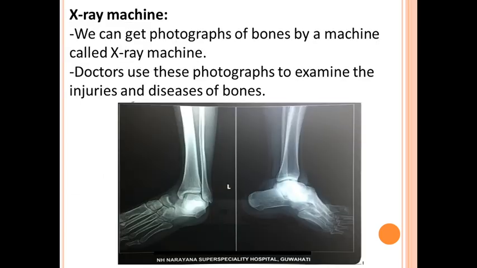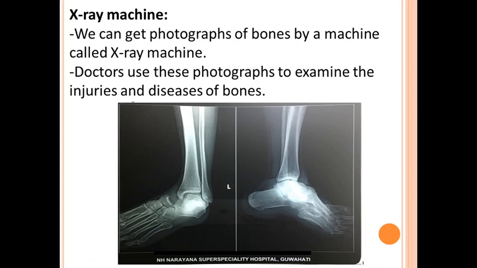You can elaborate your notes, your points, and write them down in your notebook. One more small point given in your textbook is about the X-ray machine. X-ray machine means what? A machine by which we can see the bones of your body. This X-ray machine takes photographs of bones. You can see the X-ray machine here.